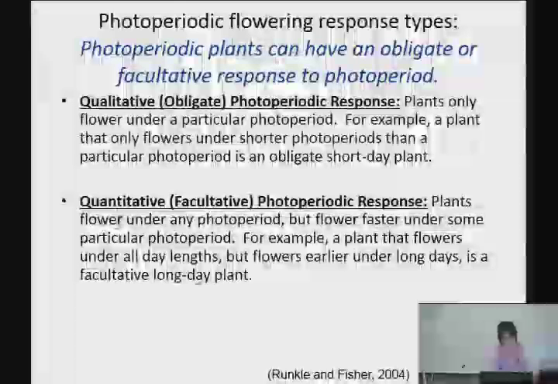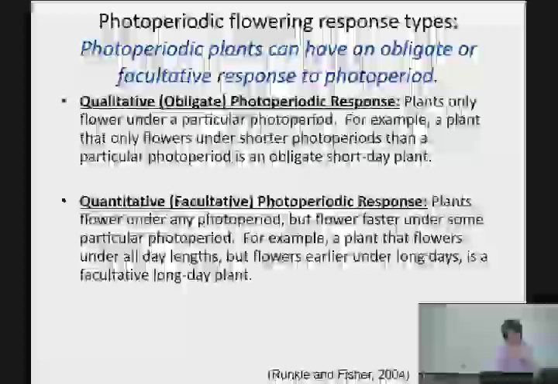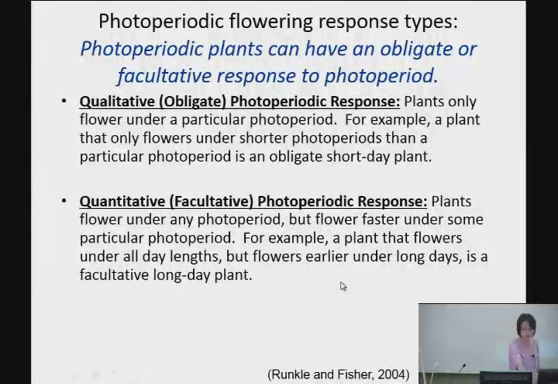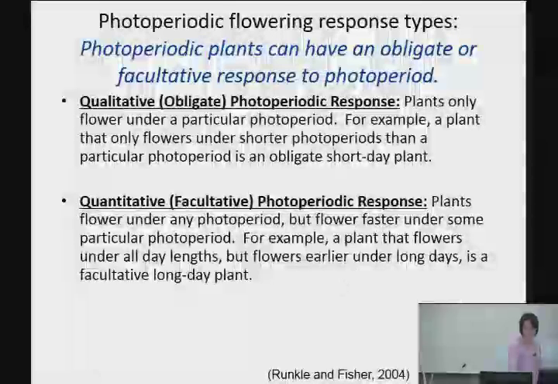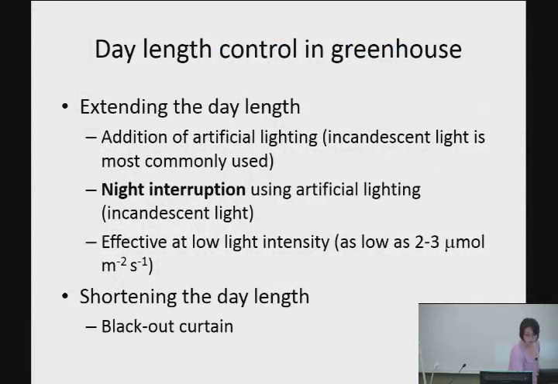And quantitative response is plants that flower under any photoperiod but flower faster under some particular photoperiod. For example, a plant that flowers under all day lengths but flowers earlier under longer days is a facultative long day plant. So you got that.